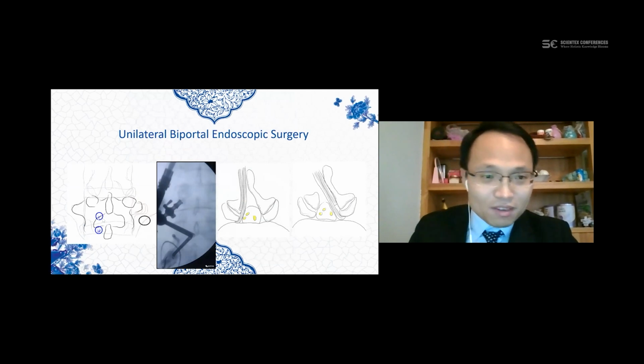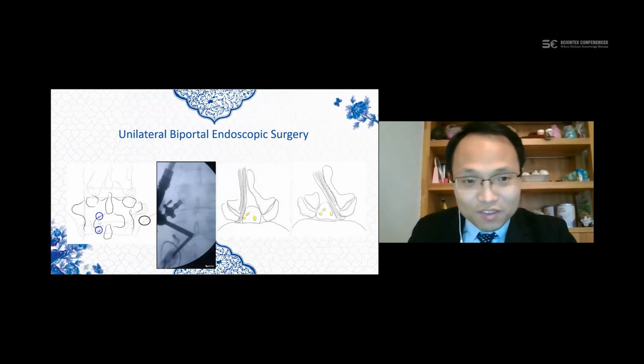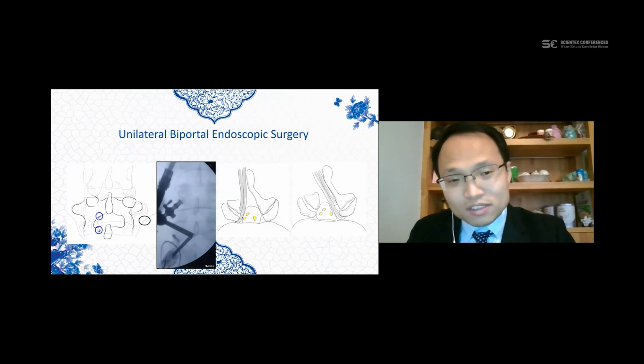Here's a photograph. We can see the V point, the vision point, is for the endoscope tube, and W is the working cannula for the instrument tool, and the two tubes are connected at the joint between the lamina and spinous process.